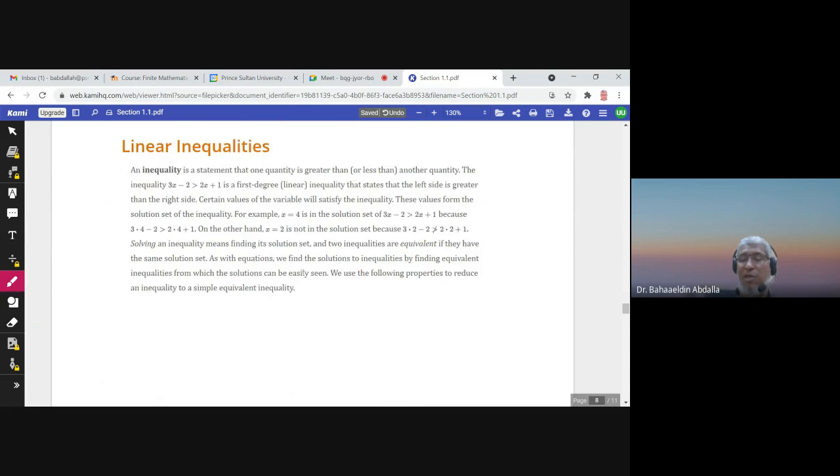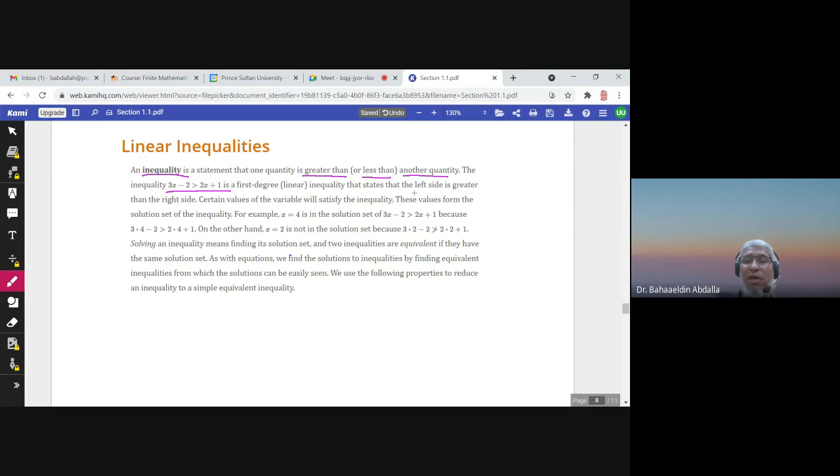A last point in this section, the linear inequalities. An inequality is a statement in which you have greater than or less than. One quantity is greater than or less than another quantity. Like here, we have 3x minus 2 greater than 2x plus 1. Linear inequalities, first degree, means the power of x would be always 1.